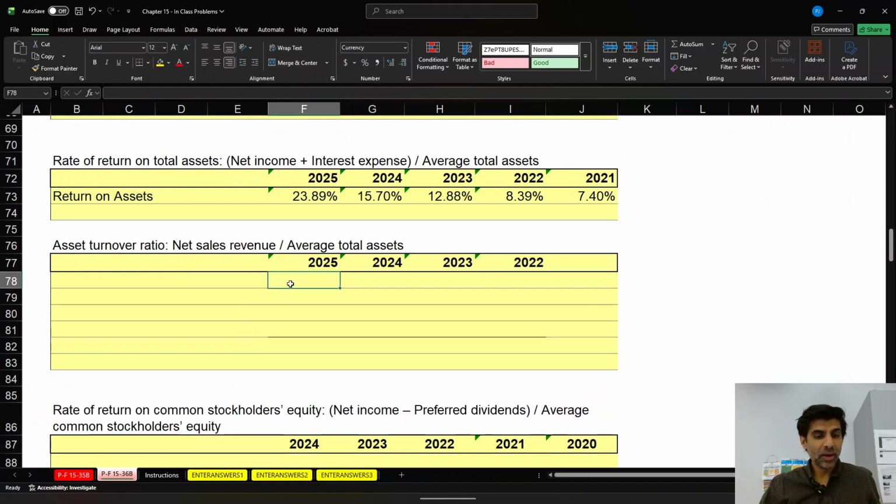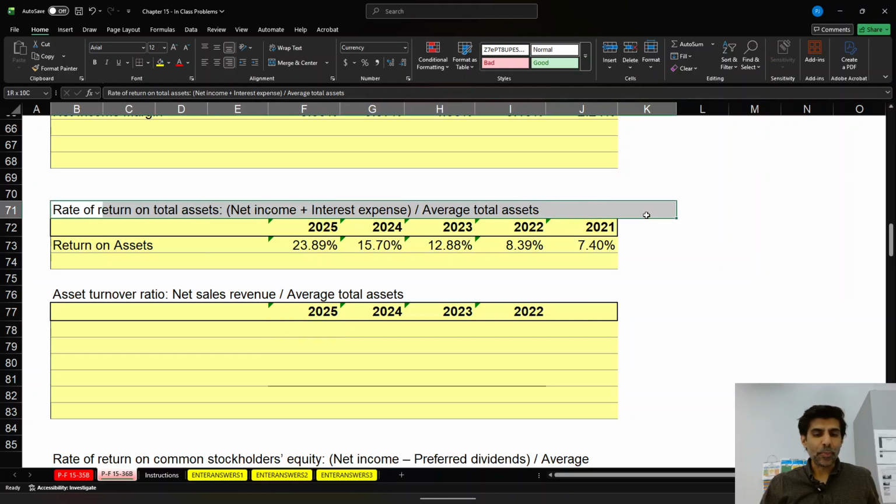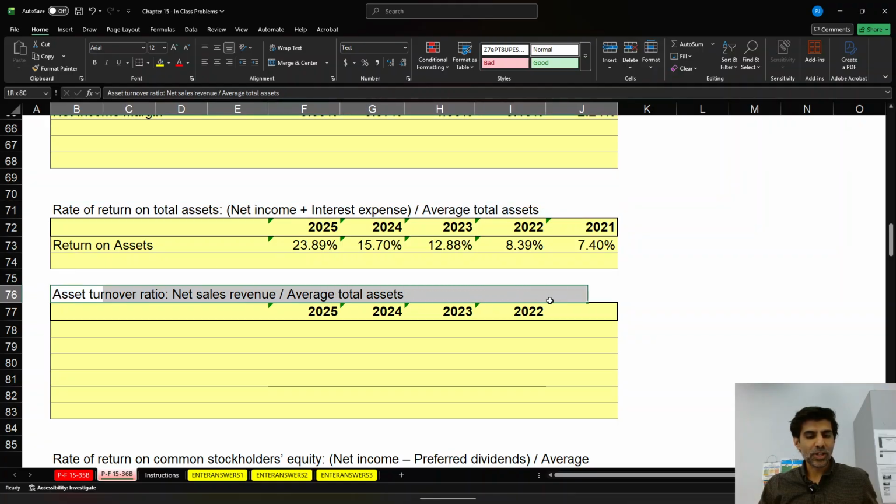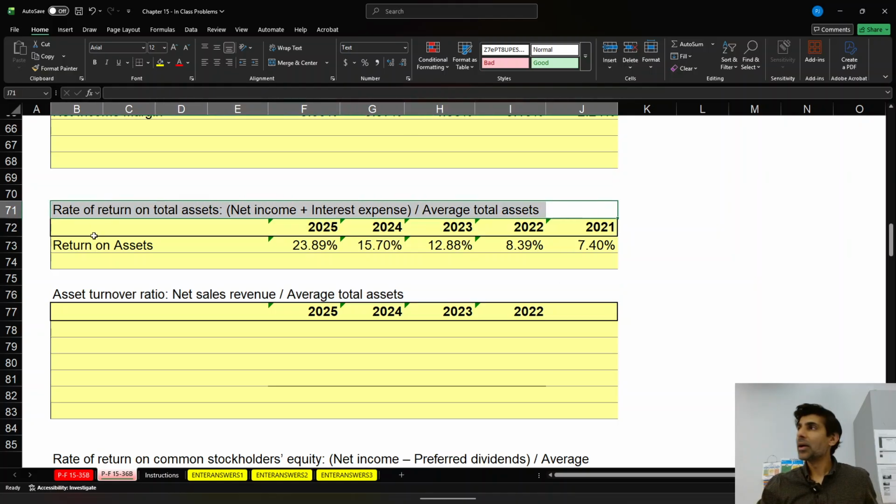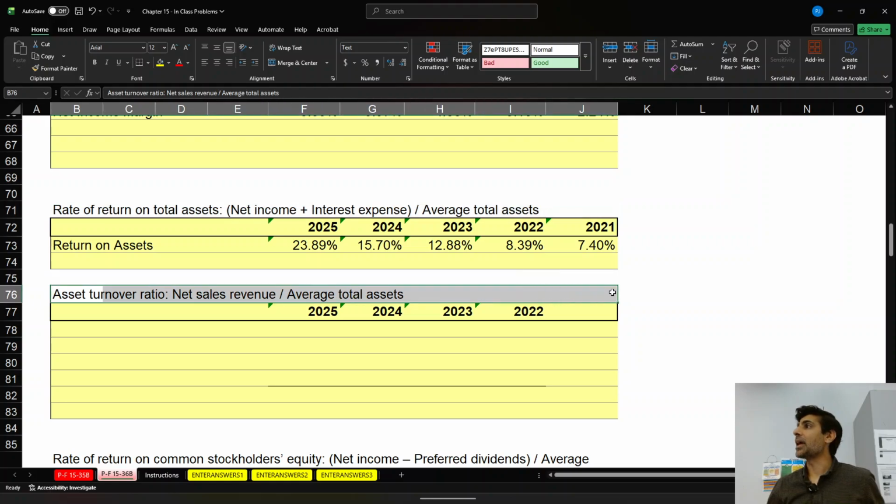Asset turnover ratio. Okay, so instead of looking at the profit that you generate from your assets, this asset turnover ratio is looking at how much revenue you can generate. This is a top line efficiency, meaning how well you're using assets.